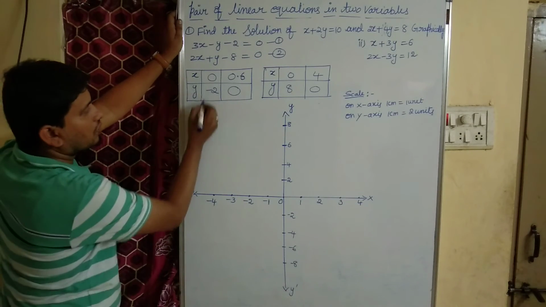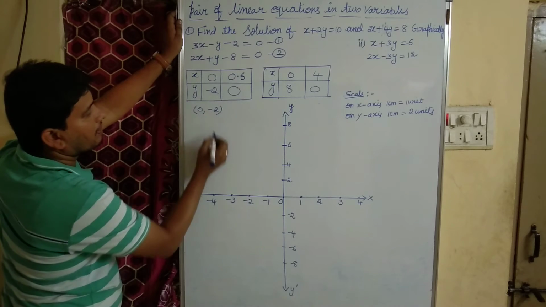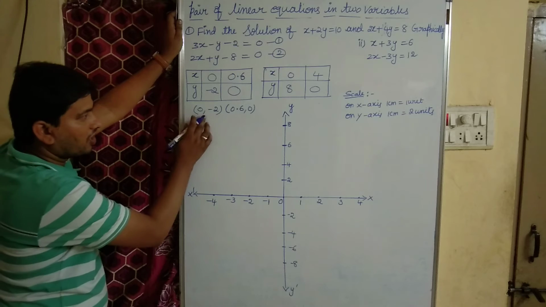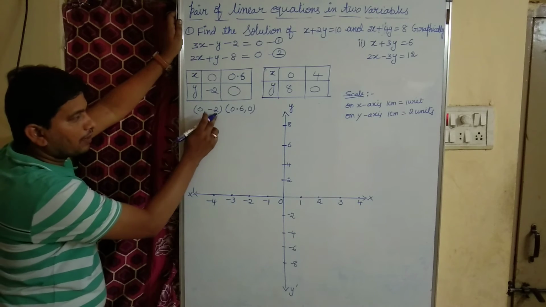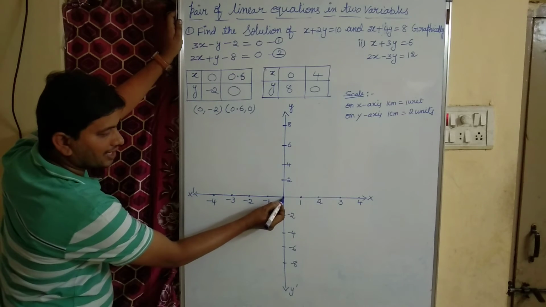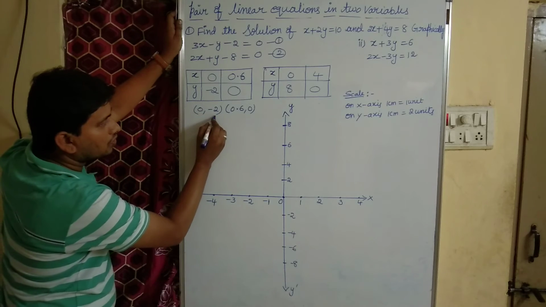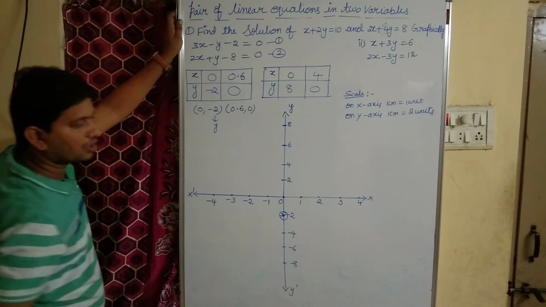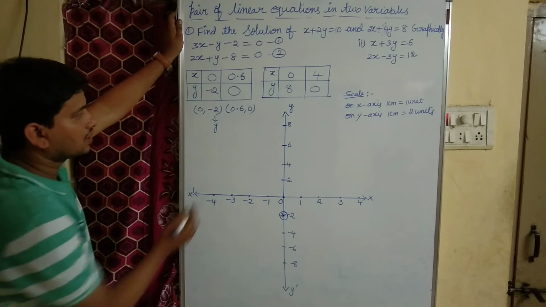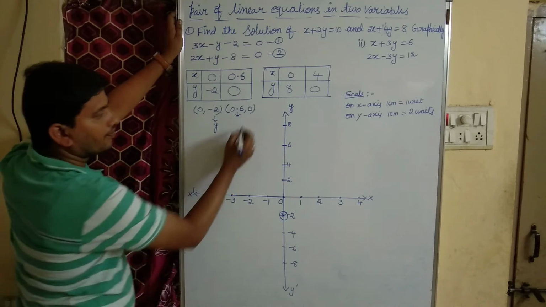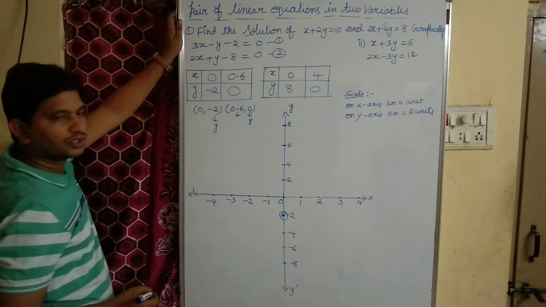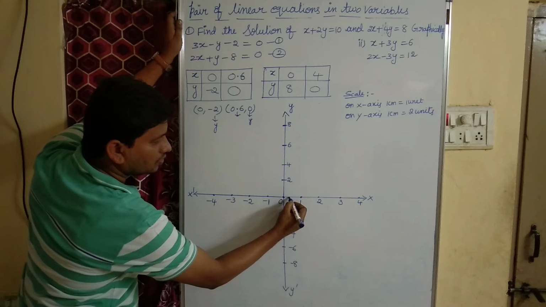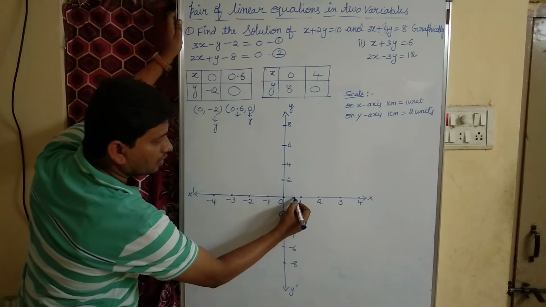Okay. So what is our first coordinate? Our first coordinate is 0, minus 2. Second coordinate is 0.6, 0. Let us plot these points on the graph. 0, minus 2: 0 on x-axis and minus 2 on y-axis. So this is our minus 2. And the second one is on x-axis 0.6 and on y-axis 0. 0.6 is nothing but 0, 0.1, 0.2, 0.3, 0.4, 0.5, 0.6.